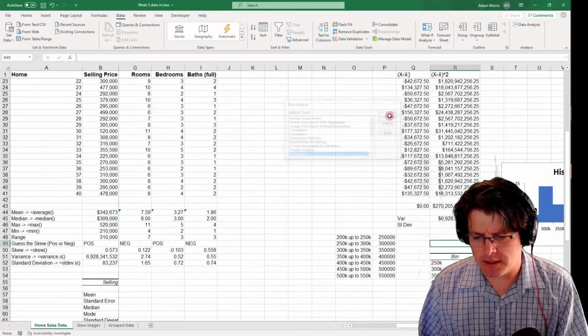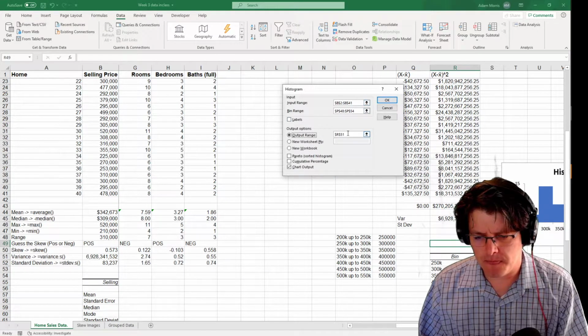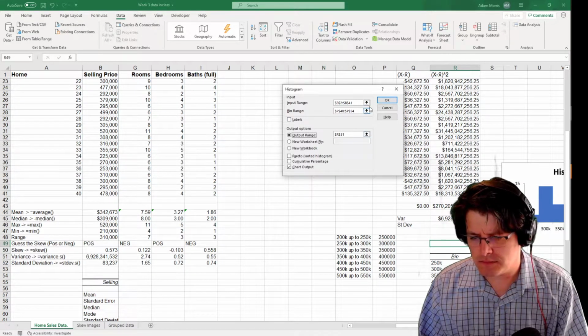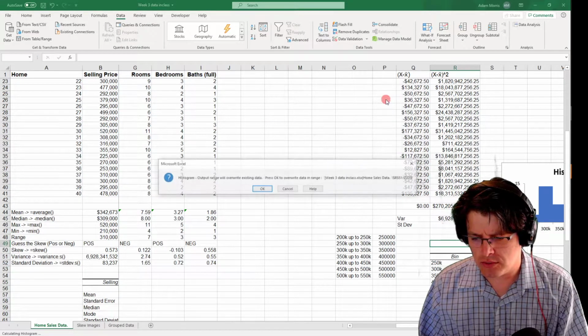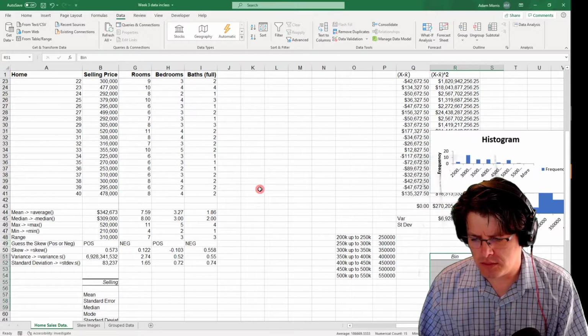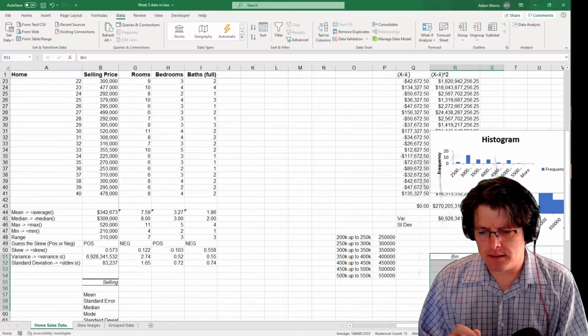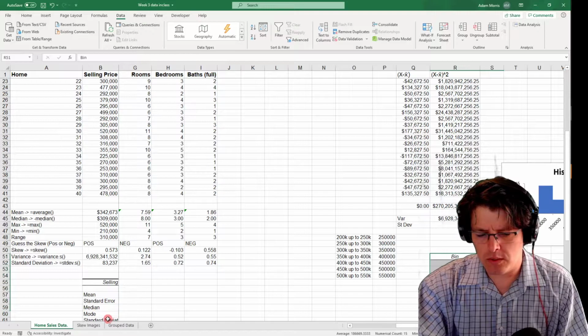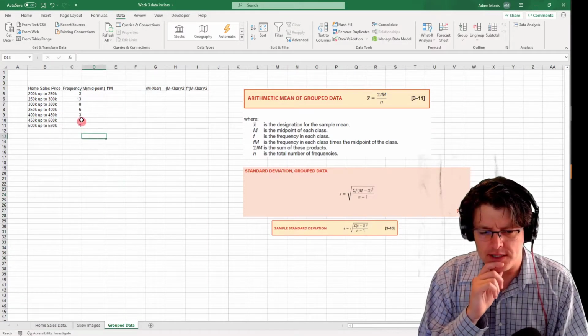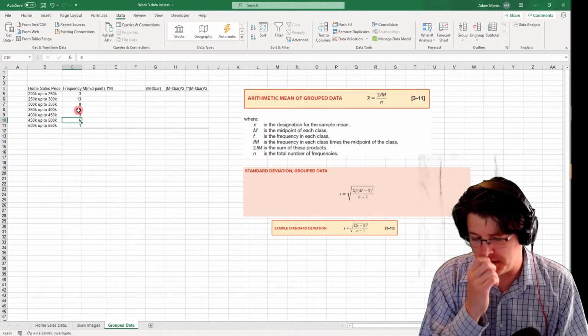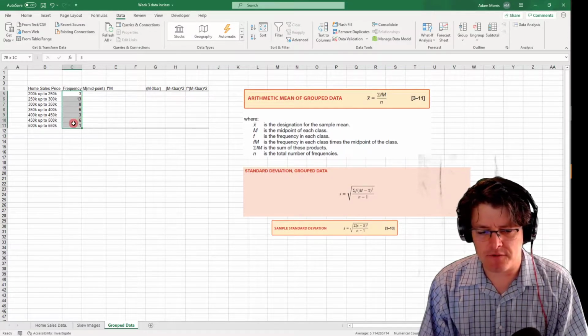Let me just rerun this. Yeah, I'm not exactly sure what's up, but we've got a little mismatch of numbers here. But these are the right values for the bins.